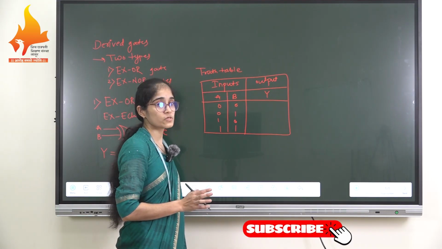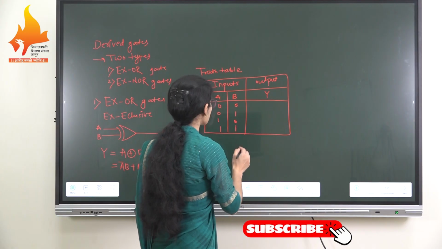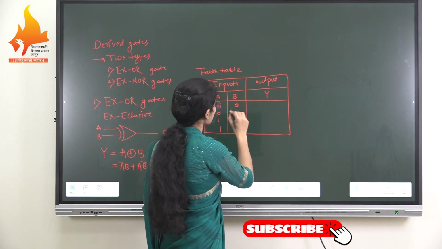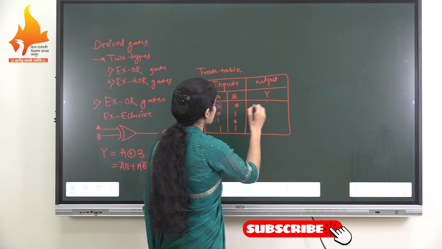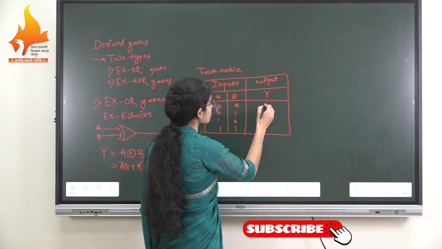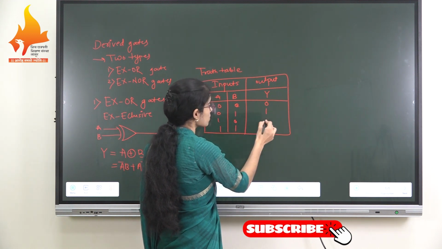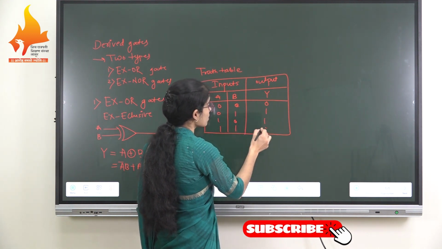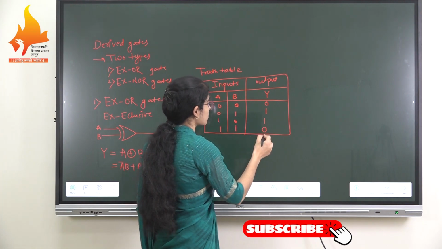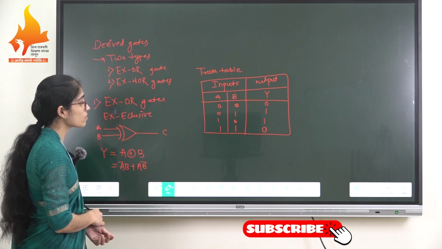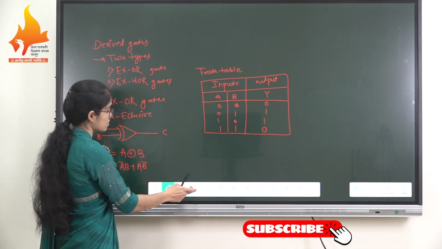That means one input should be 0 and one input should be 1. Hence for 00 it produces 0, for 01 it produces 1, for 10 it produces 1 and for 11 it produces 0. That means it produces high output only for the odd combination of inputs.